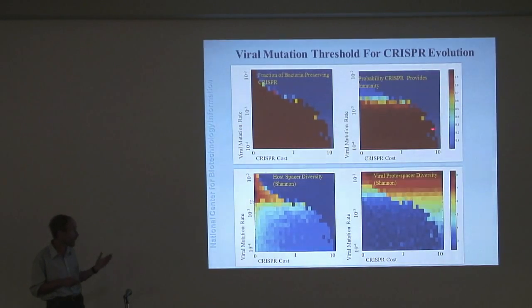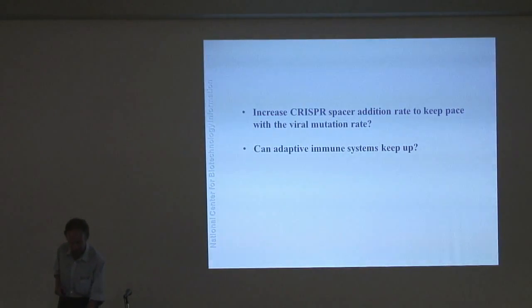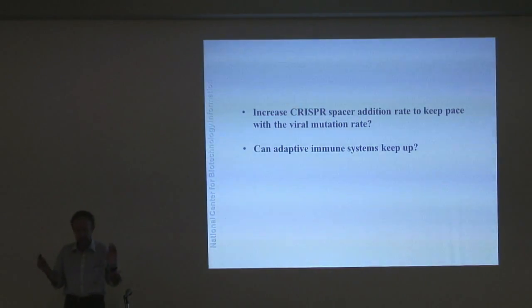Similarly, at very high cost, which is more trivial, you cannot maintain it even at low viral diversity. And I will not go into this in all detail. We have very compatible results with cost, spacer diversity, viral spacer diversity, and we can use other characteristics.